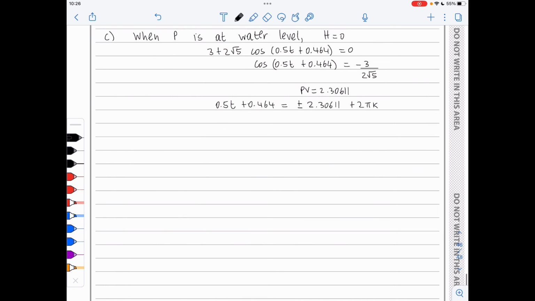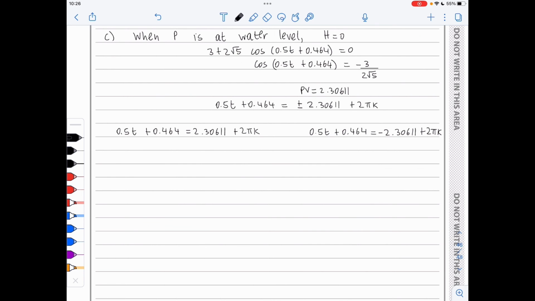I will split this one for the plus, one for the minus, so 0.5t plus 0.464 is equal to 2.30611 plus 2 pi k, and on the other hand I've got 0.5t plus 0.464 is negative 2.30611 plus 2 pi k.